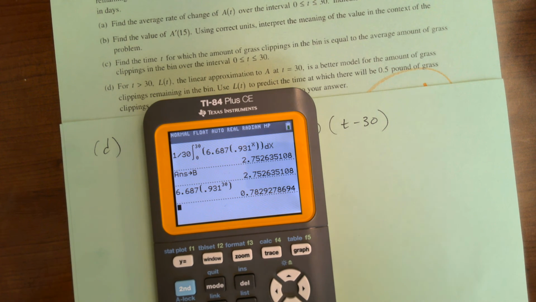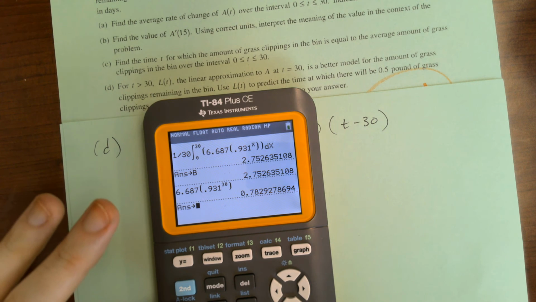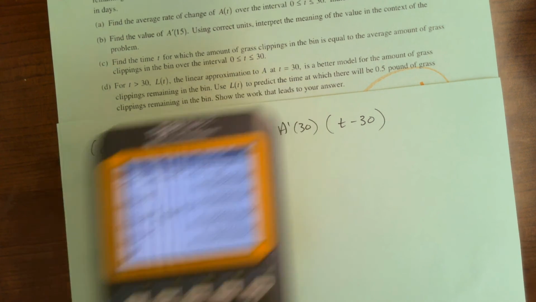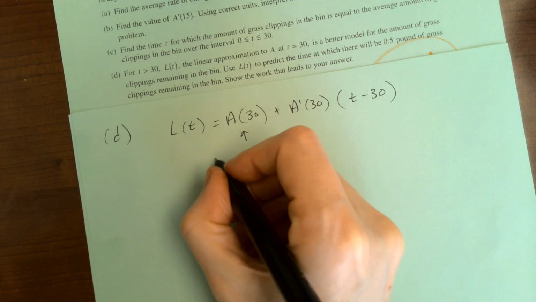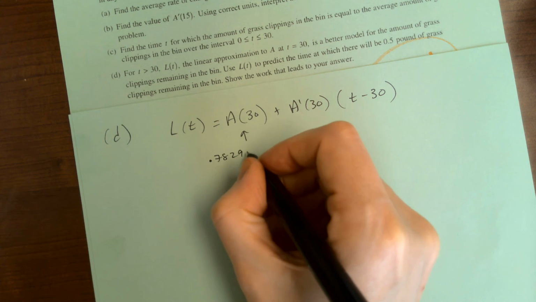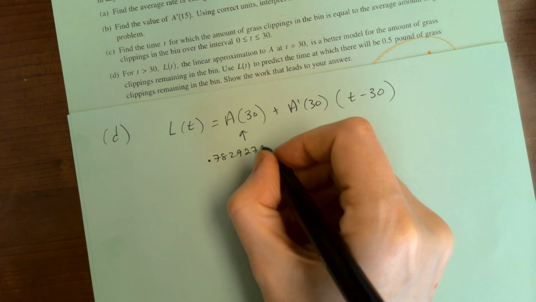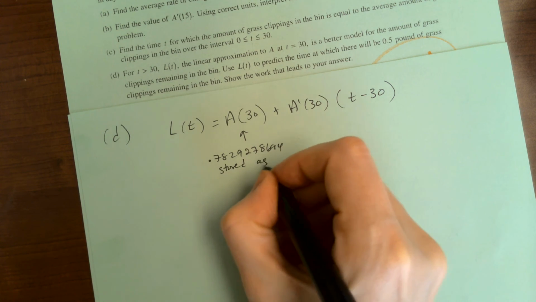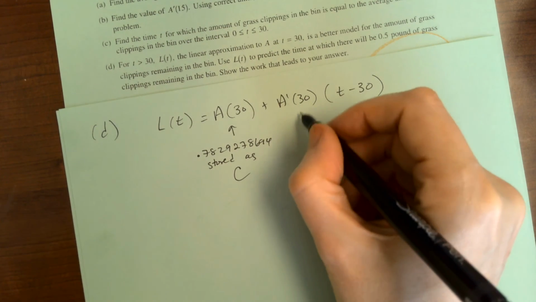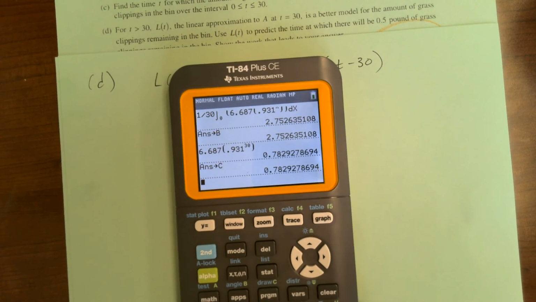I already used B, and they're already using A, so I'll use C and D. So I'm storing this as C. This is 0.7829278694, stored as C. And then A prime of 30.